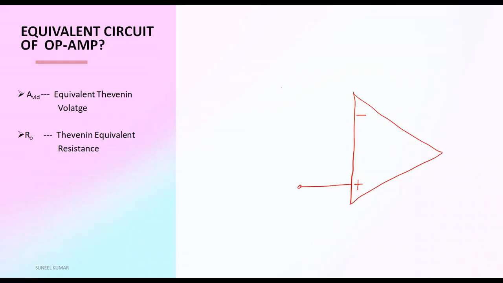So the voltage here is V1 and we are getting the output from here. We know that this is the 6th pin, this one is the 3rd pin, the non-inverting terminal pin, and this is the 2nd pin, the voltage here is V2, and similarly we have two power supplies.